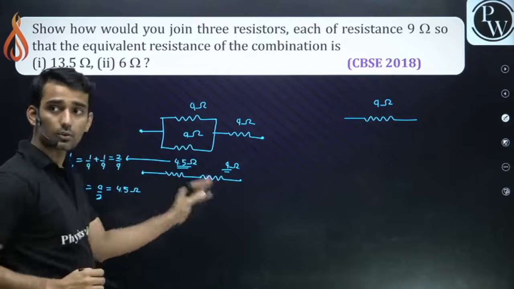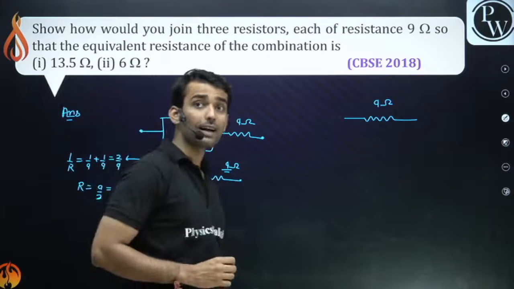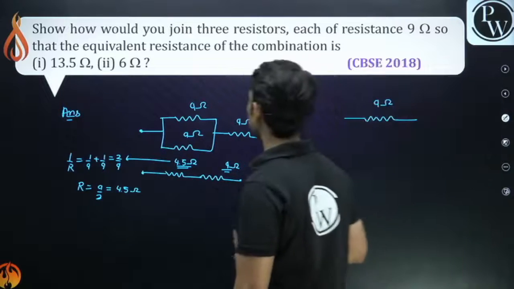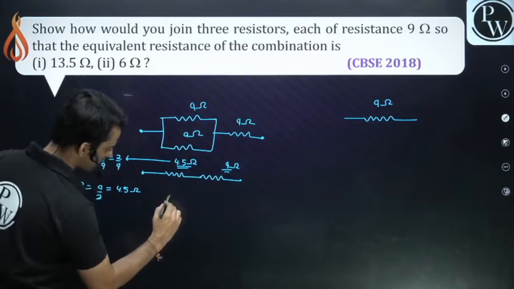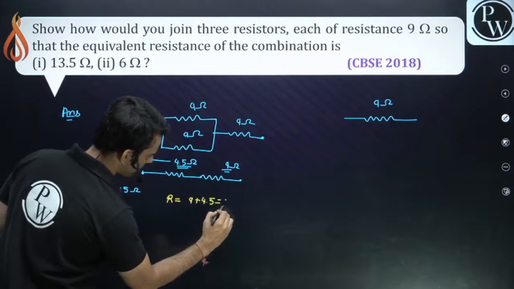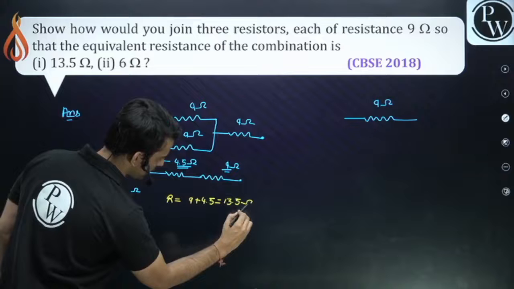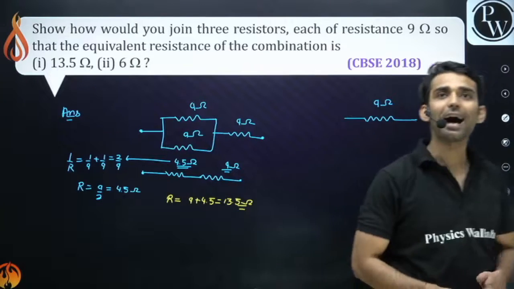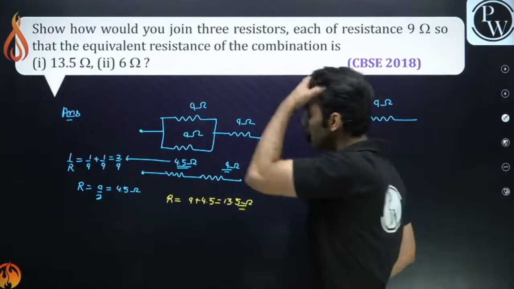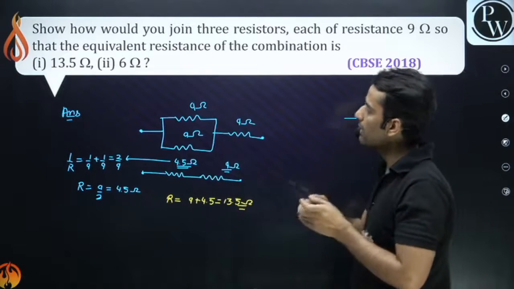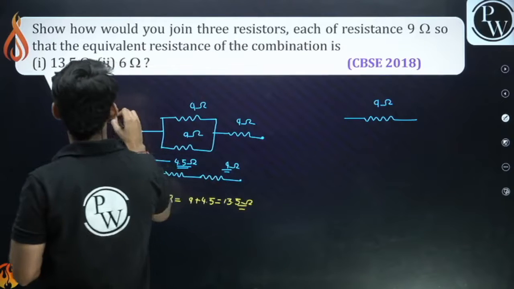Now these two are in series, right? So what is net? It is 9 plus 4.5, which is 13.5 ohm. Clear?